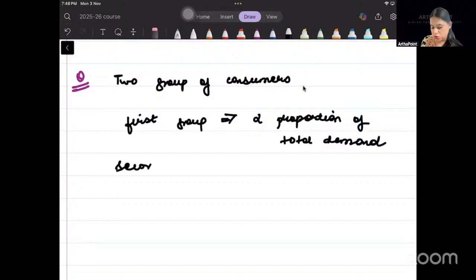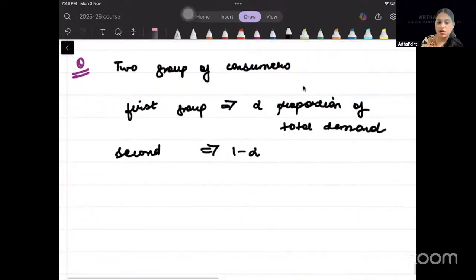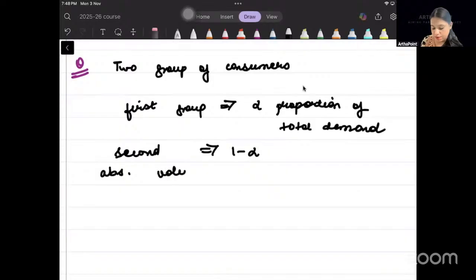And the second group is 1 minus alpha. And the absolute value of elasticity is given by Ei. Right?